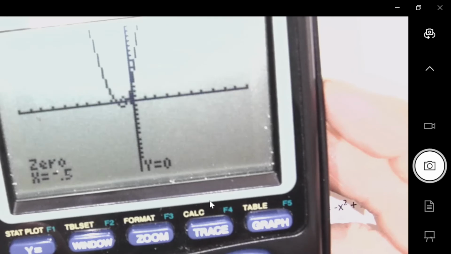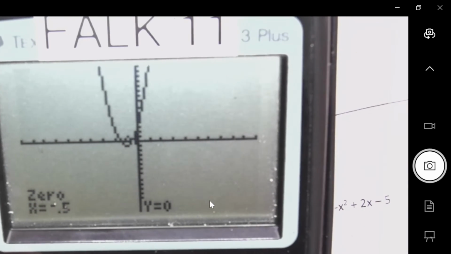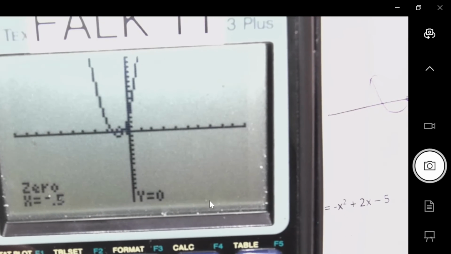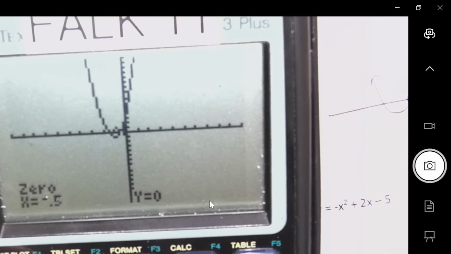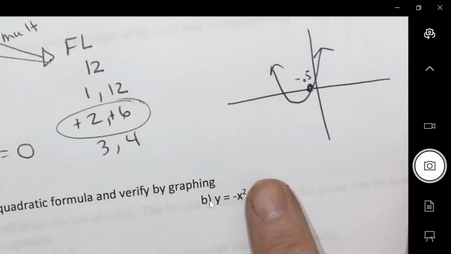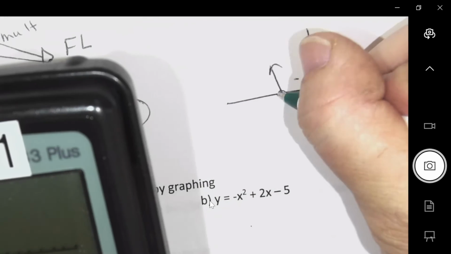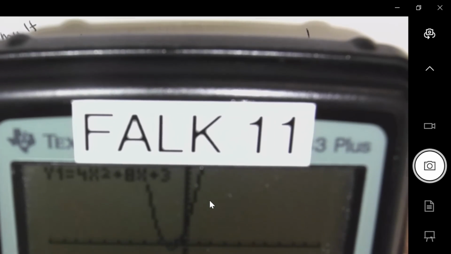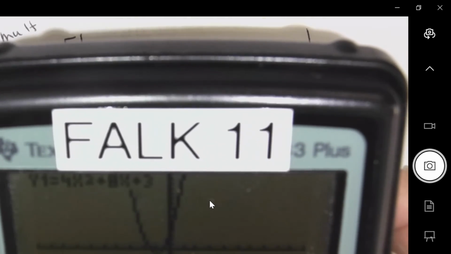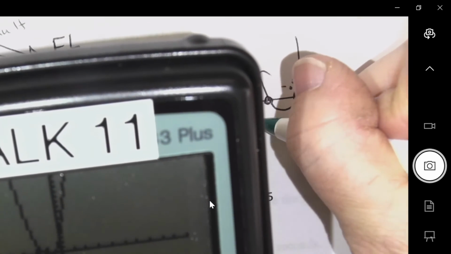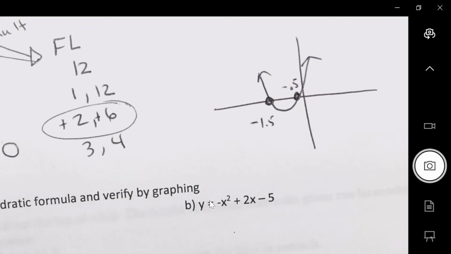So that's good, I got a negative 0.5. And we got negative 0.5, so that's good. Calculate the 0. We get a negative 1.5.